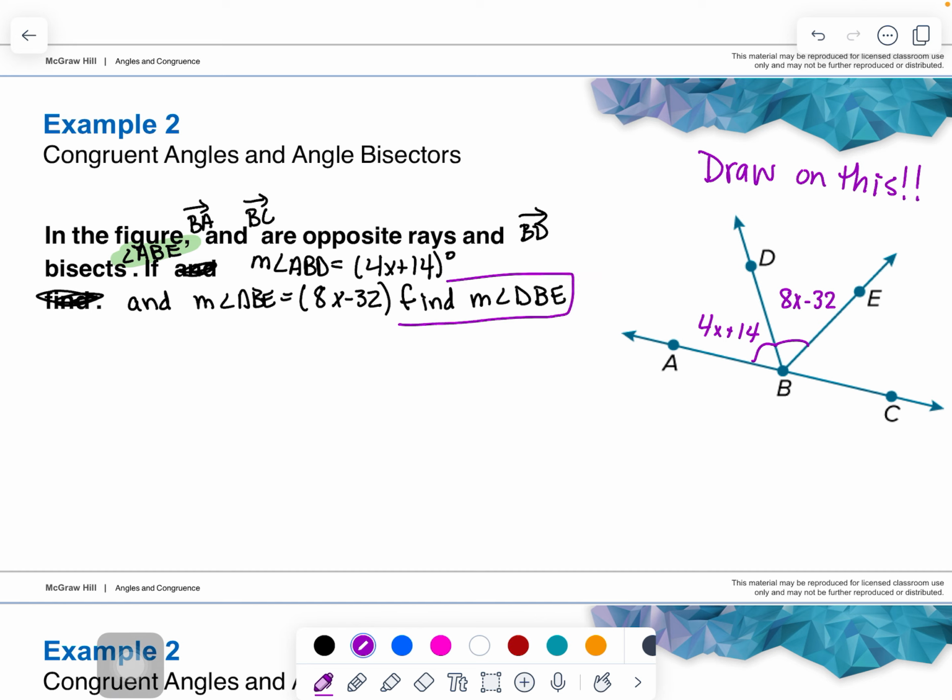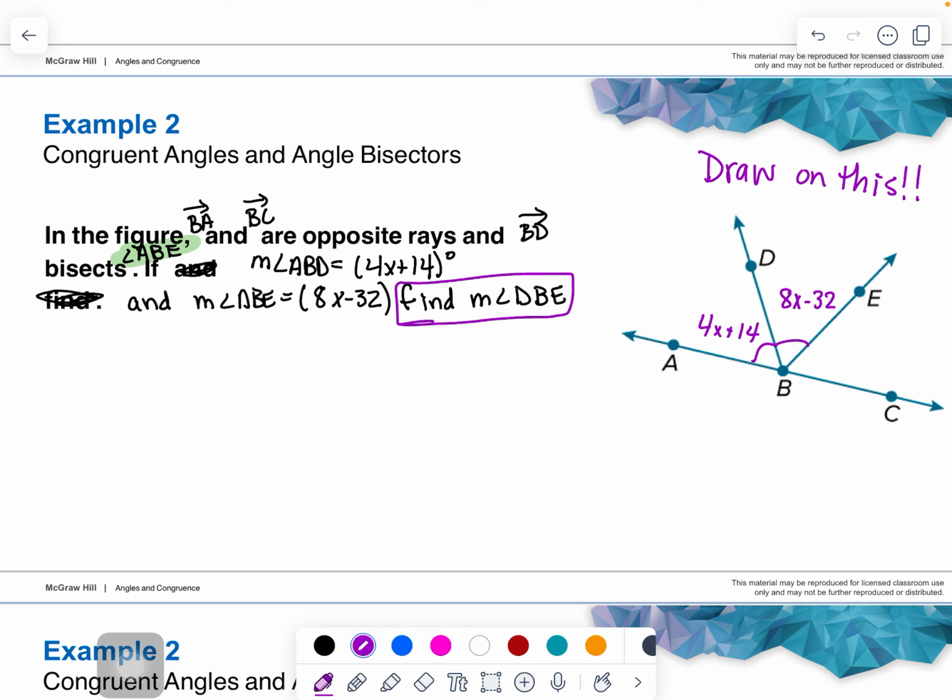I always put this and say make sure you remember to find what they tell you to find, because inevitably somebody will find X, turn it in, and think they've done what they need to do. But they were supposed to find DBE, not X. So make sure you're paying attention to what you're supposed to find.